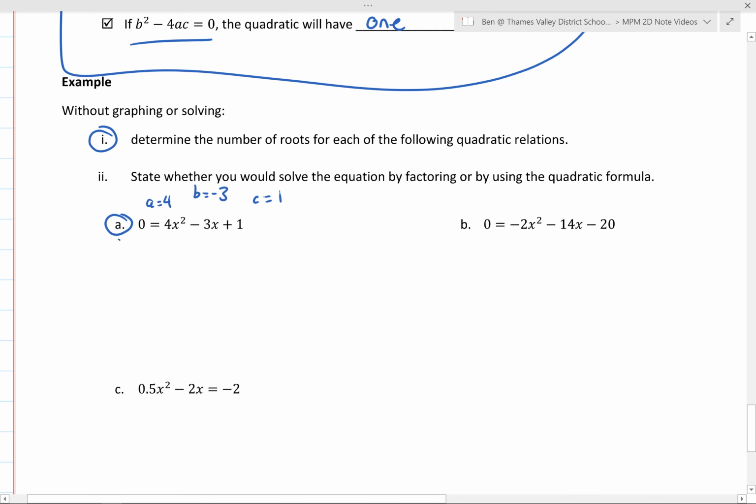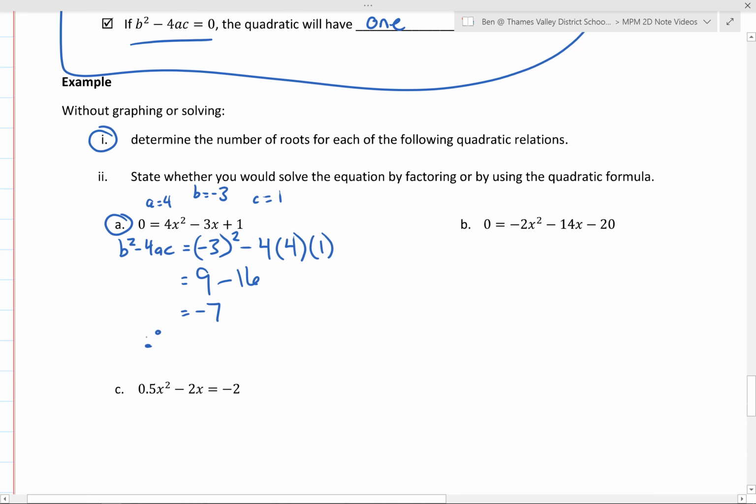Okay, well then my discriminant, b squared minus 4ac, equals negative 3 squared minus 4 times a, which equals 4, times c, which equals 1. That equals positive 9 minus 4 times 4, that's 16. In this case, I'm working with negative 7 as my discriminant.